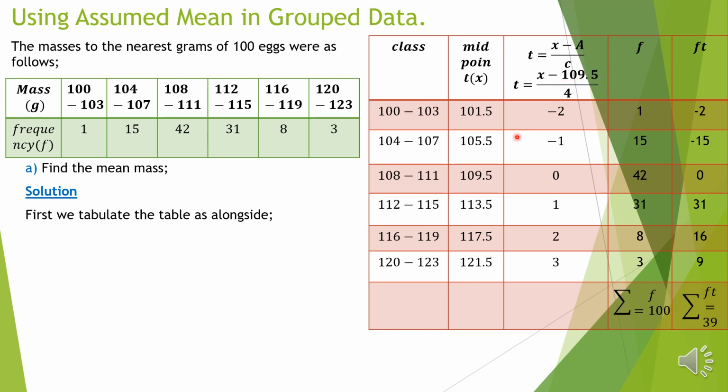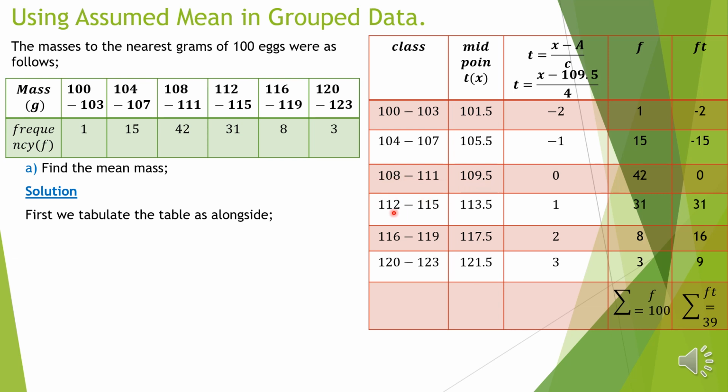Are we together? Then, I remember I gave you how to find X, that is the midpoint. You only take the lower boundary plus the upper boundary, then divide by 2. So 100 plus 103 over 2 is 101.5. 104 plus 107 divided by 2 is 105.5. 108 plus 111 by 2 is 109.5.